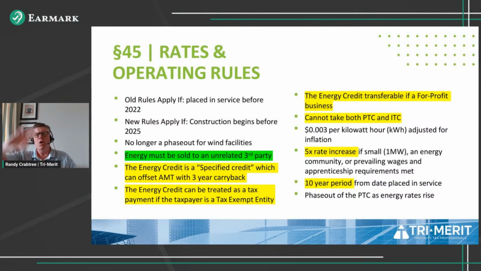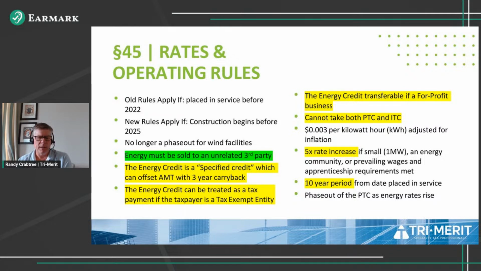It's over a length of period, and in this scenario, it's 10 years from the date placed in service. So if we just put a new solar panel array out where we're producing energy and we're going to sell that energy, for a 10-year period from the placed in service date we could take advantage of a production tax credit.